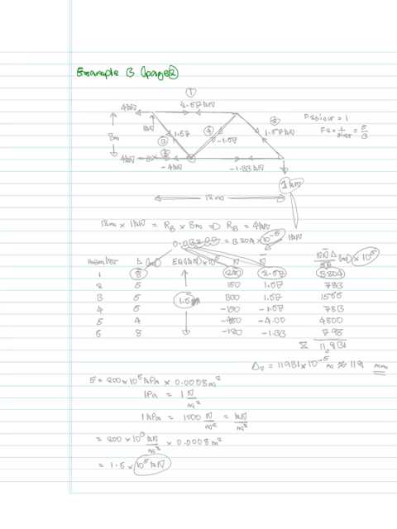Now let's have a look at the same structure under a unit load, and as we said before, we want to apply the unit load at the position at which we want to calculate the deflection. So we want to get the deflection at the end of that member, and so we stick a unit load there of 1. So we could have that as 1 bar, but let's just call it 1 from now on.